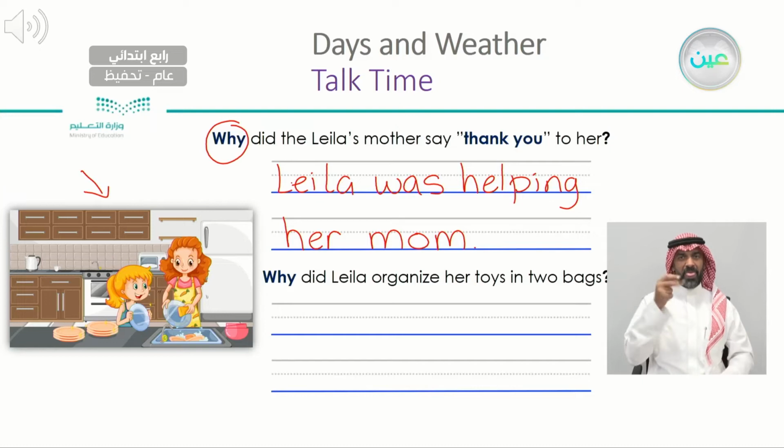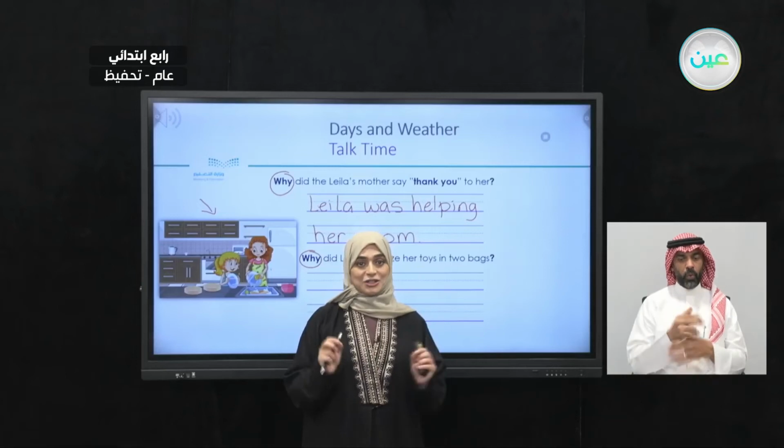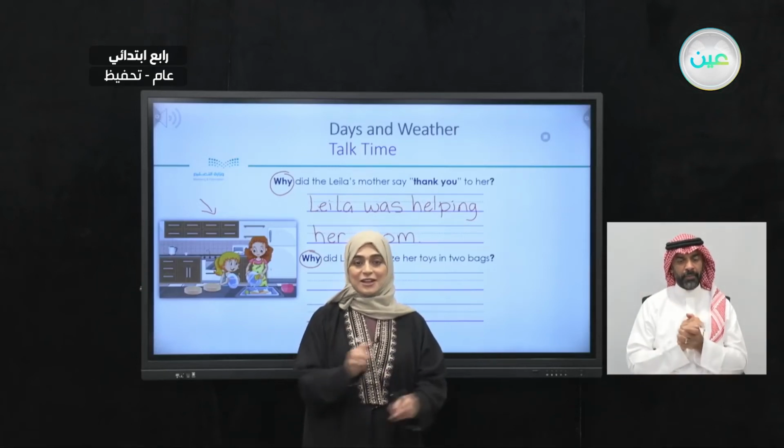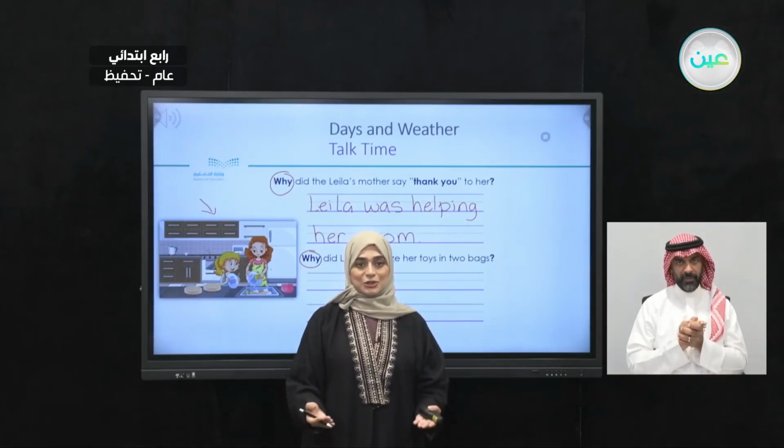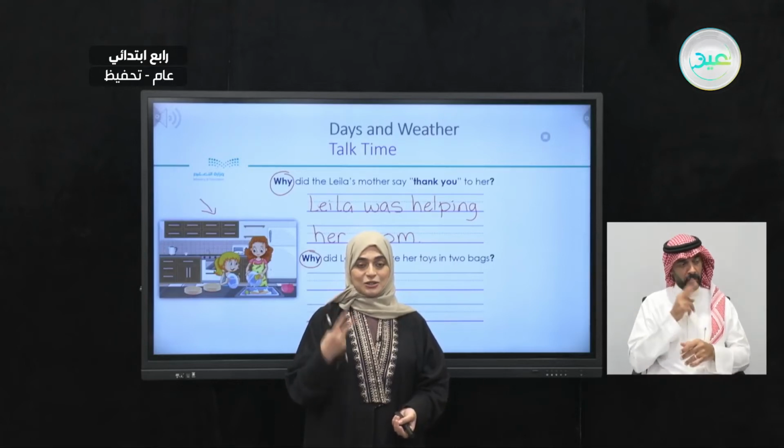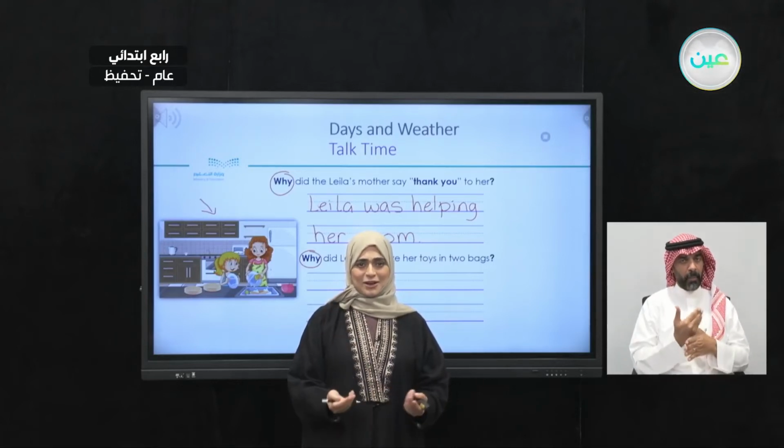Okay. Now let's read the second question. Why did Layla organize her toys in 2 bags? You know, when you're so excited, you plan extra perfectly because you want this day to go just fine. What did she do? She has 2 bags. Why did she have 2 bags?